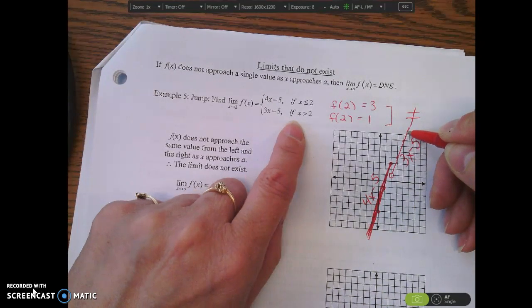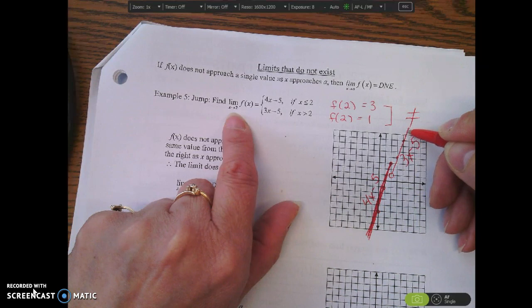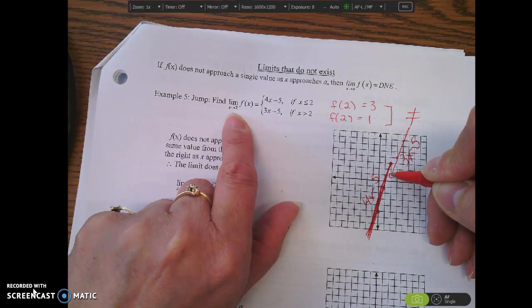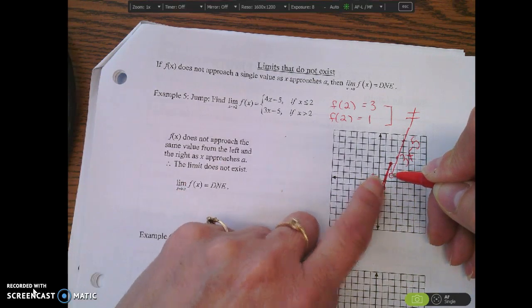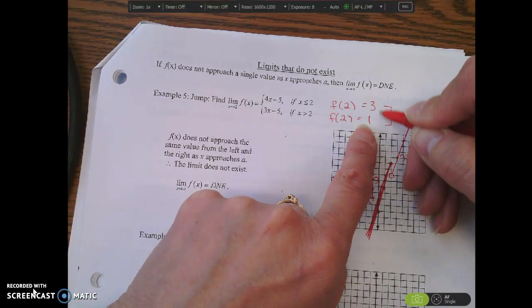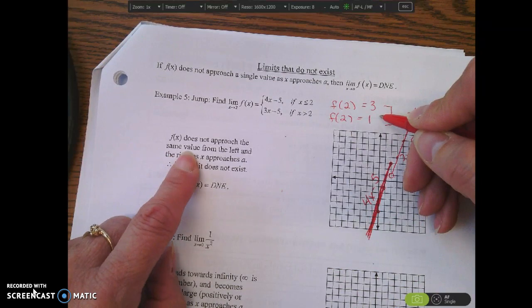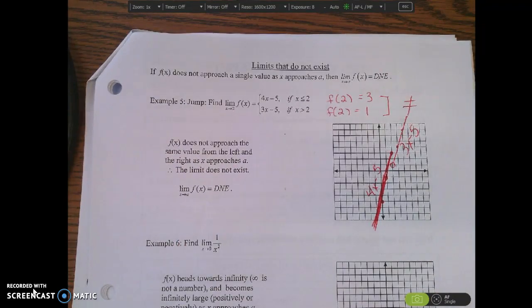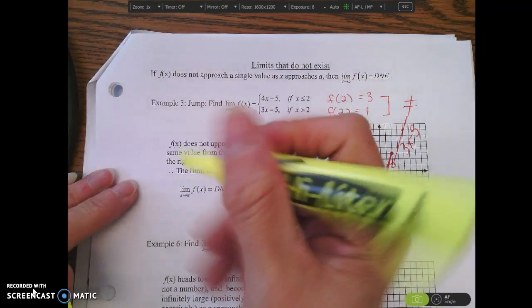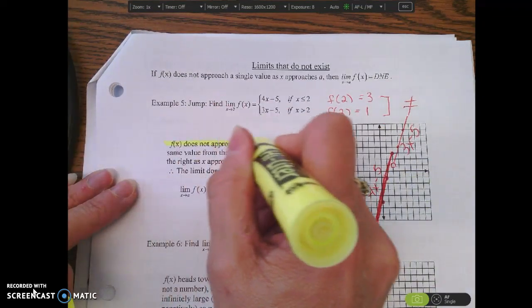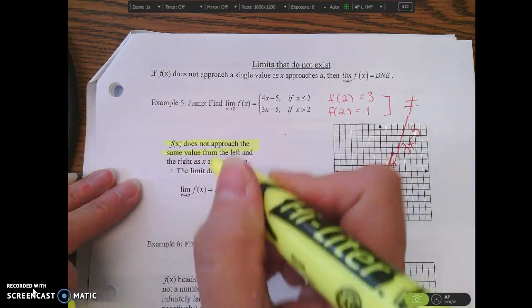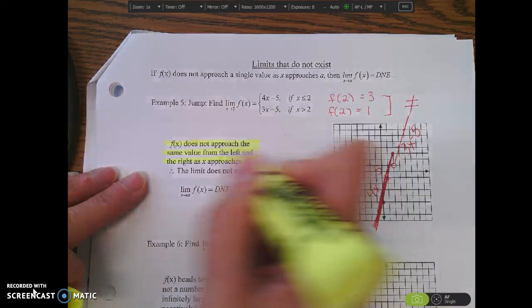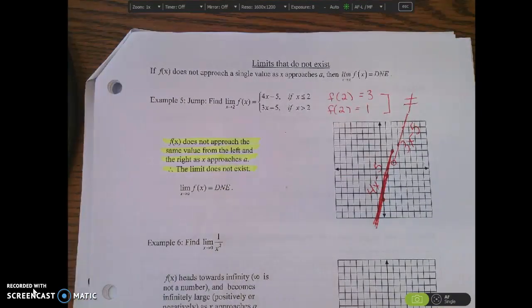As x approaches 2, the function value approaches the value of 1. Since these are not the same value, your limit does not exist. So this is one case where your limit doesn't exist. If your function value does not approach the same value from the left and the right as x approaches a, the limit does not exist.